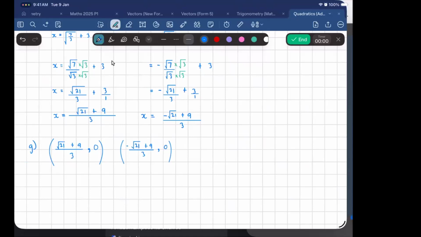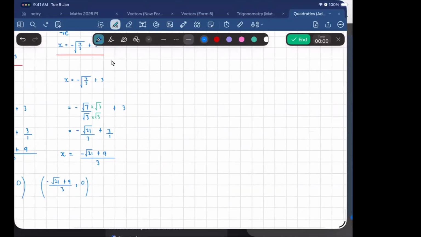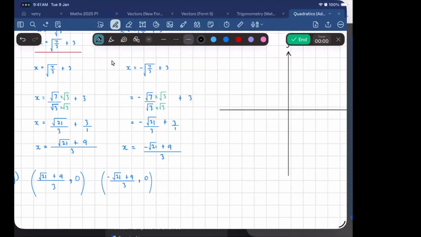Yes, sir. And Caleb, do you think you'd be able to sketch the graph? Yes, sir. All right, let me see if we can do that. First things first, Caleb, just so we have an idea, what decimal would root 21 plus 9 over 3 be?